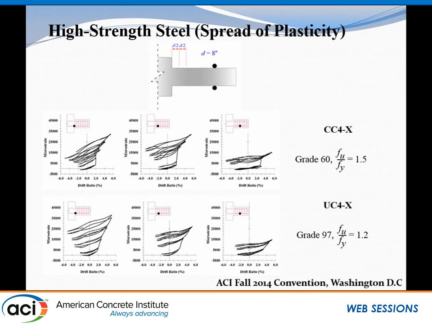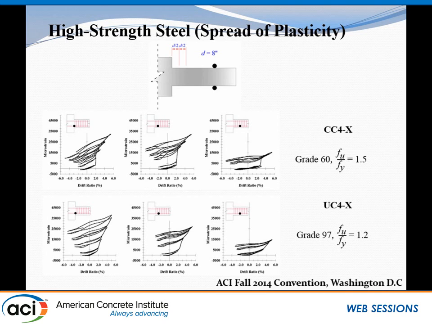Actually, the authors were suspicious whether the FU of the steel can be reached under reverse cyclic loading, because it seems like buckling generally governs the behavior. So we were suspicious if FU can really be reached.